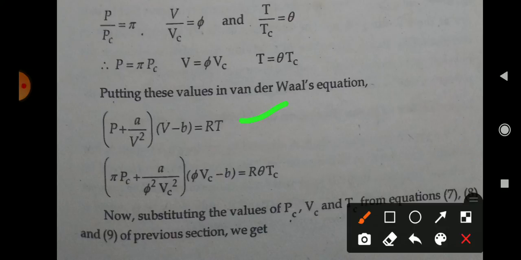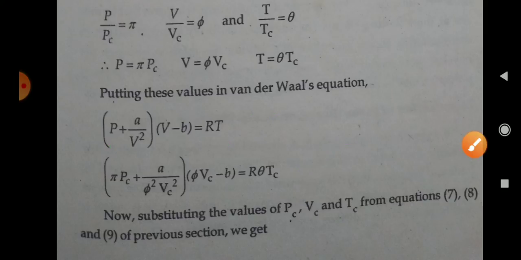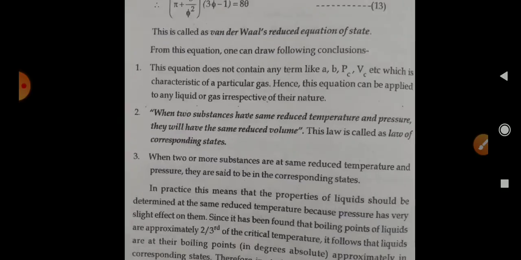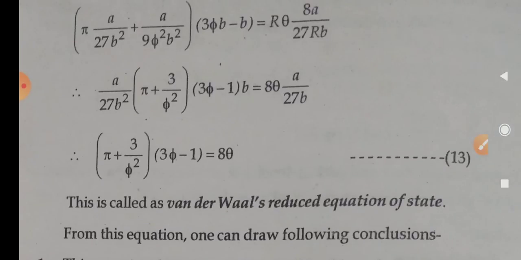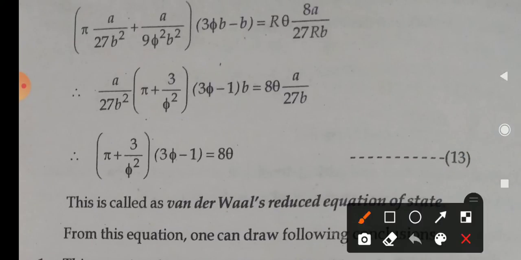Putting the P, V and T values in the van der Waals equation, we get this equation. Now we know the values of PC, VC and TC from equations 7, 8 and 9, as we have seen previously, so we get the equation like this.